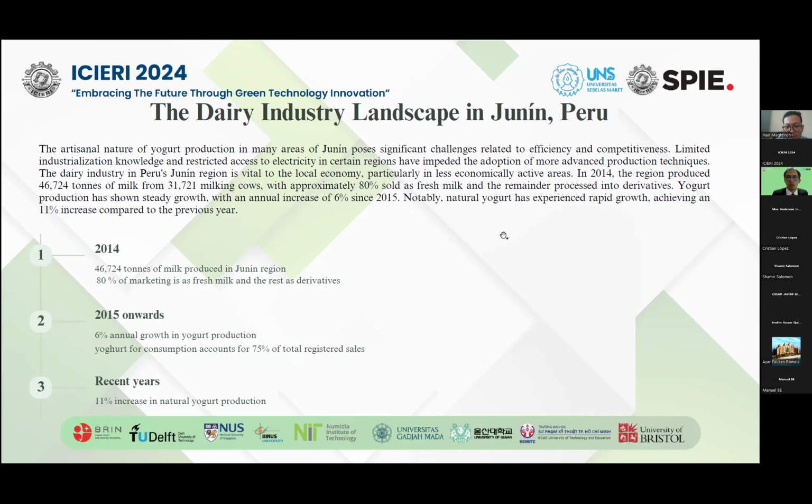Natural yogurt has been especially popular, achieving an impressive 11% increase over the previous year. These statistics highlight both the importance of dairy production to Junín's economy and the potential for growth in the yogurt sector. This underscores the need for automation to enhance efficiency and competitiveness for local producers.